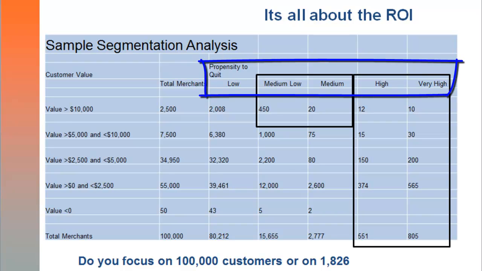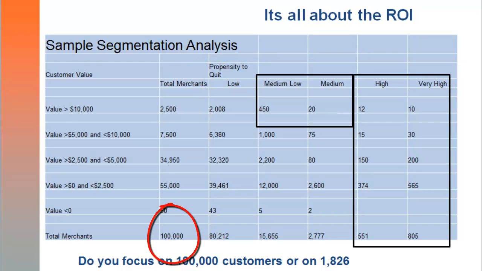The focus here from a marketing perspective is: do we spend our marketing dollars on 100,000 customers, or on 1,826 customers, those that we know are high value and also have a high propensity to quit? That is the challenge now facing the marketing team.